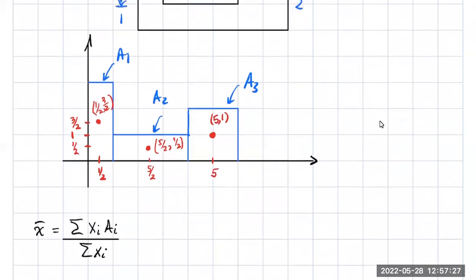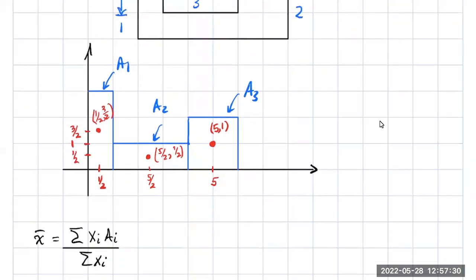Let me also point this out, since I'm going to need these values anyway. Let me put the following values on our figure. What's the area of A sub 3? Yeah, good. It says 4. What's the area of A sub 2? Good, it's 3. And what's the area of A sub 1? Good, also 3. So we're going to need those for our formulas.